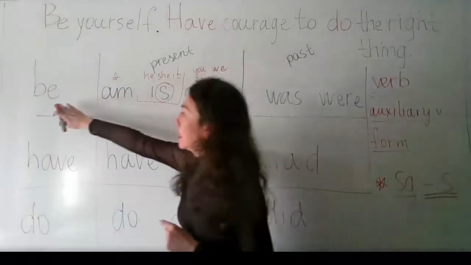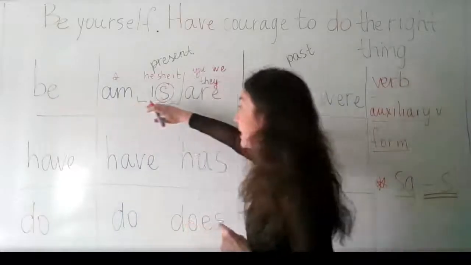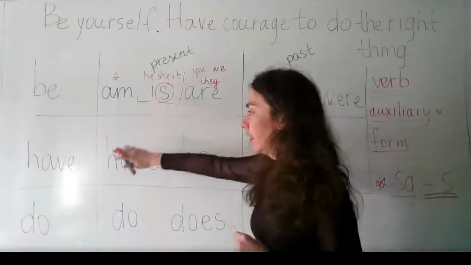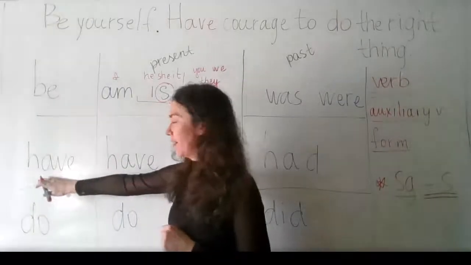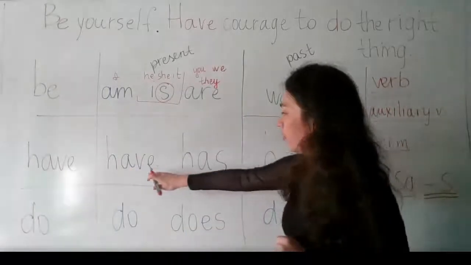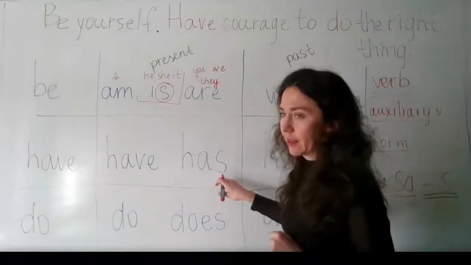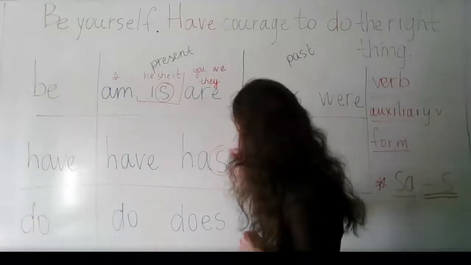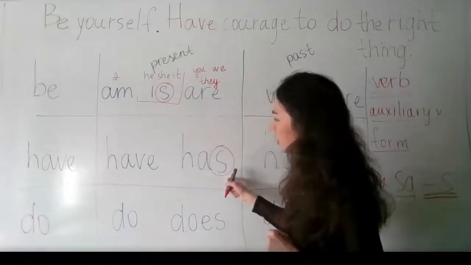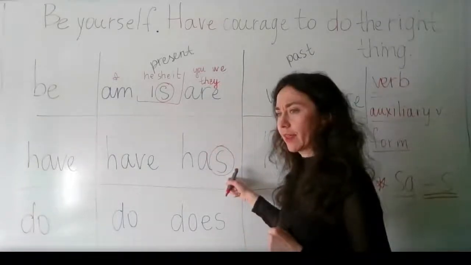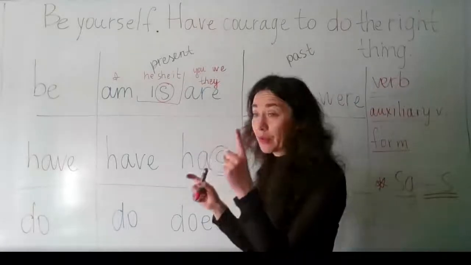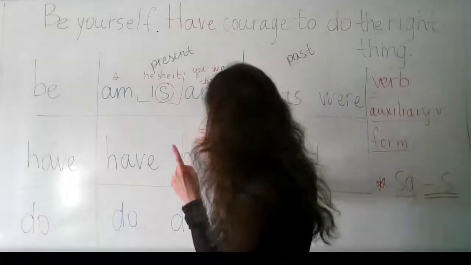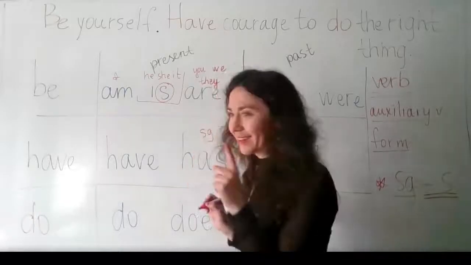So in this verb be, we have ending s. Look, with this verb have, we have one more form that has this ending. When do we need to use this form? What do you think? For one person. For one person or one thing, you're right. It's about singular again, about one.